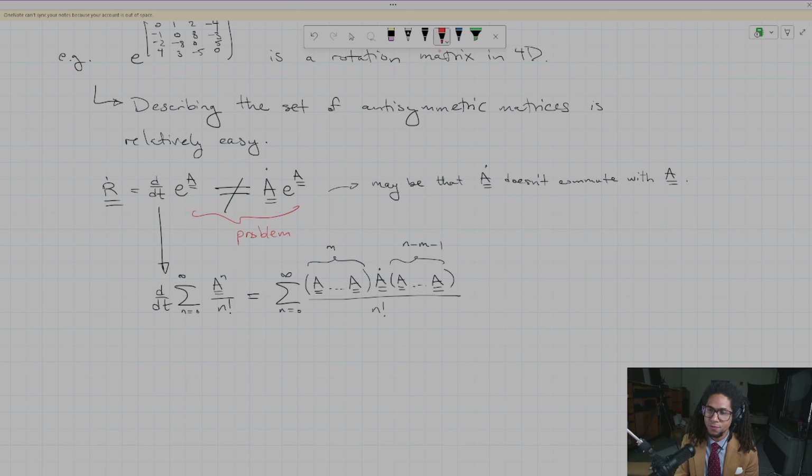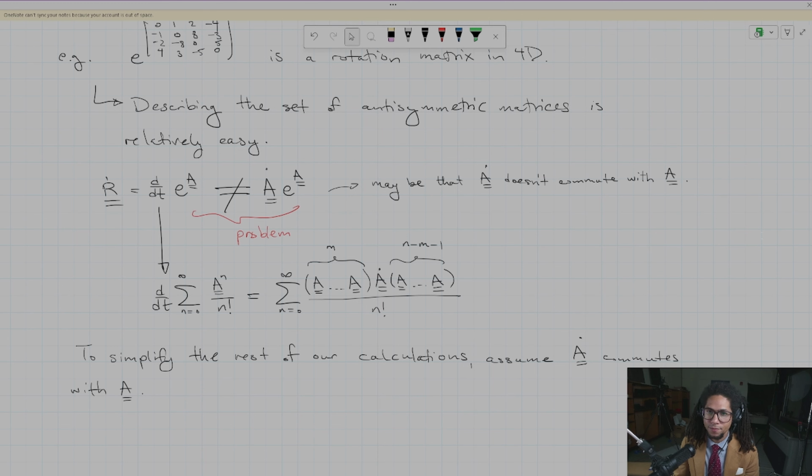So to simplify the rest of our calculations, assume that A dot commutes with A.